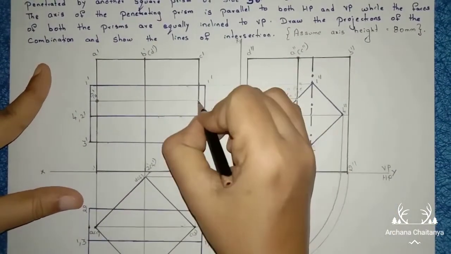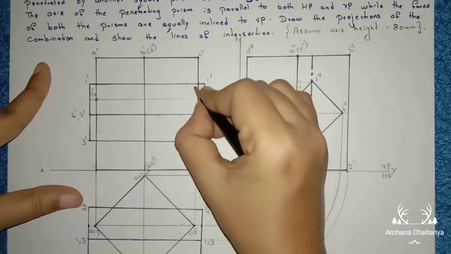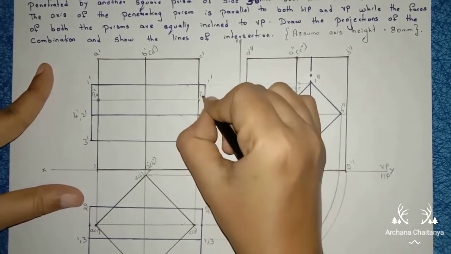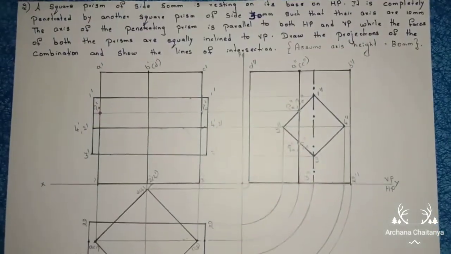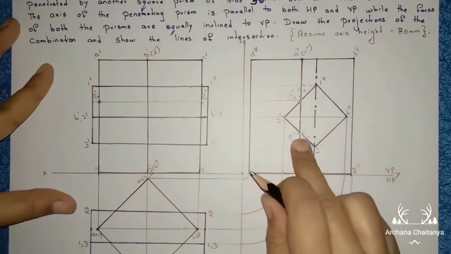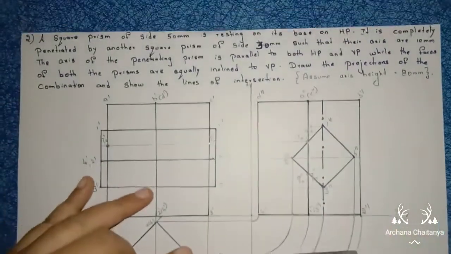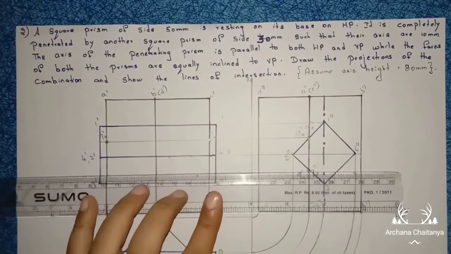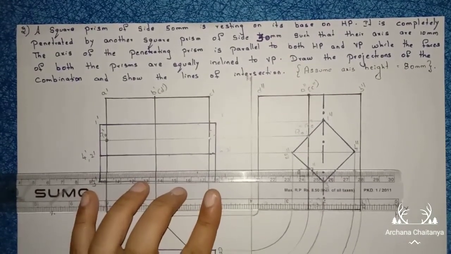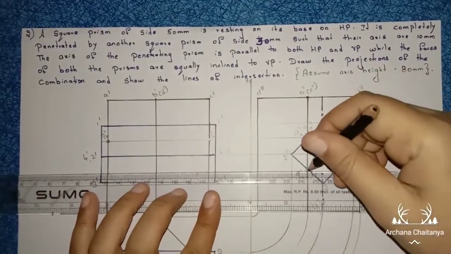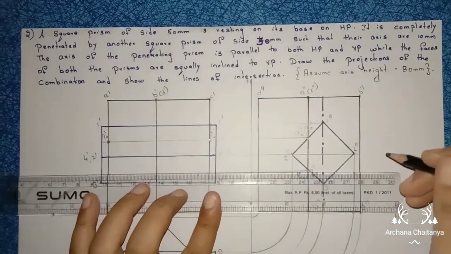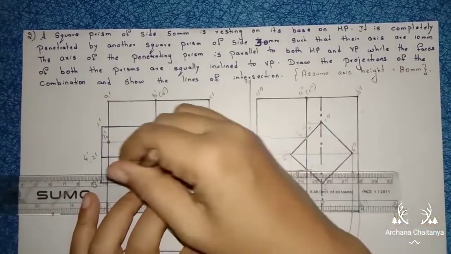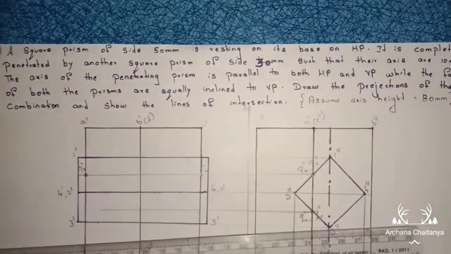This point I am taking as PC dash. And this is QA double dash, QC double dash. From QA double dash, QC double dash, I am constructing the projectional line.